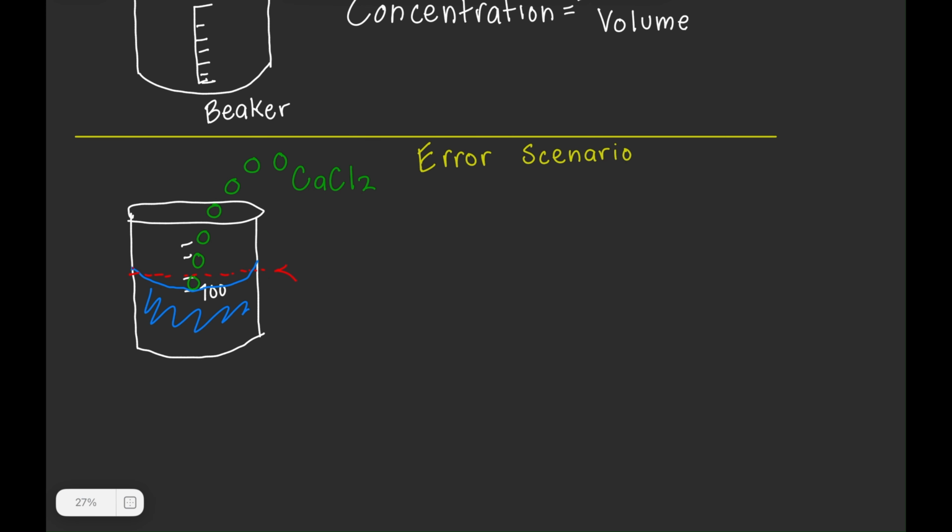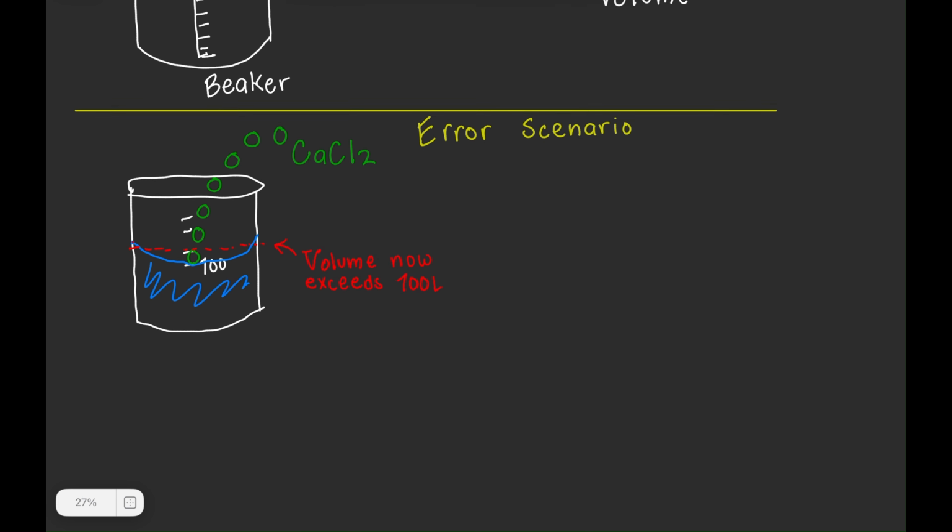So we'll draw this red line here. We'll say the volume now exceeds. Since the volume is now too high, the concentration of calcium chloride will be too low. And in a professional biotech setting, that would be a procedural failure.